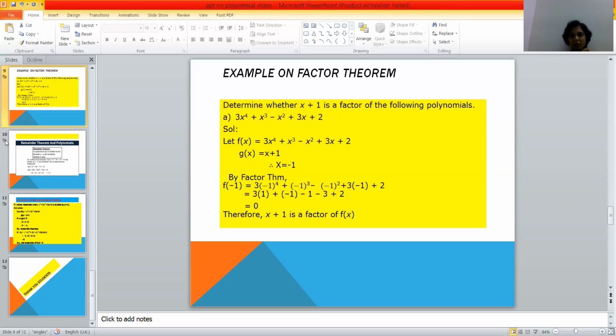Therefore, 3 into 1 plus minus 1 minus 1 minus 3 plus 2. After calculation, we get the total is 0. Therefore, x plus 1 is a factor of f of x.